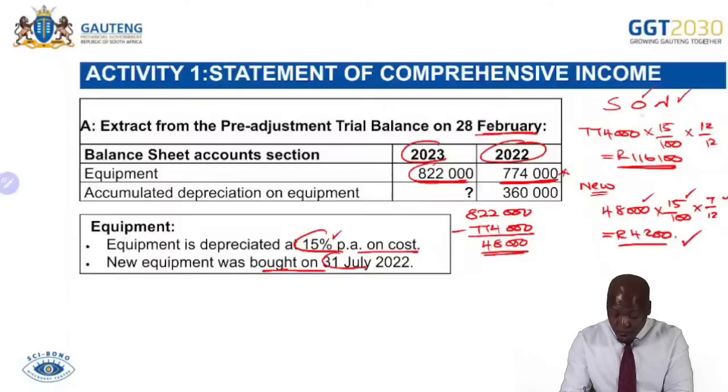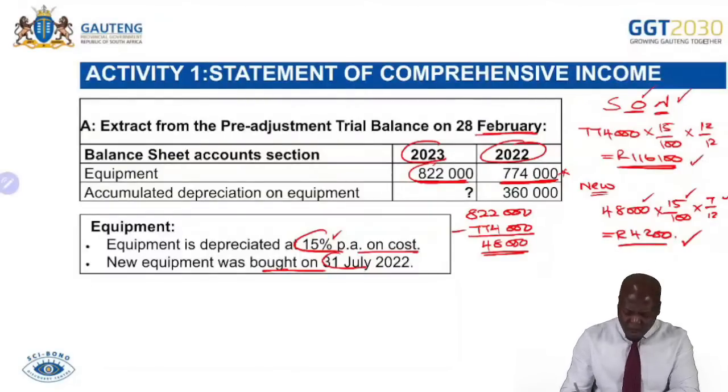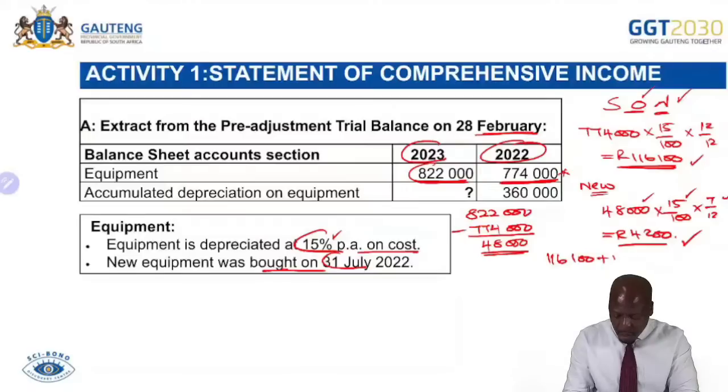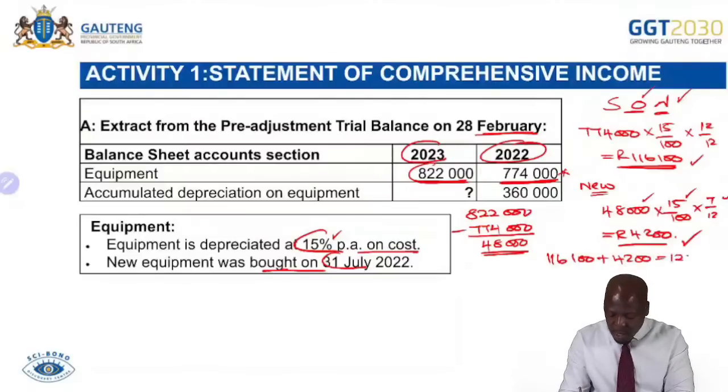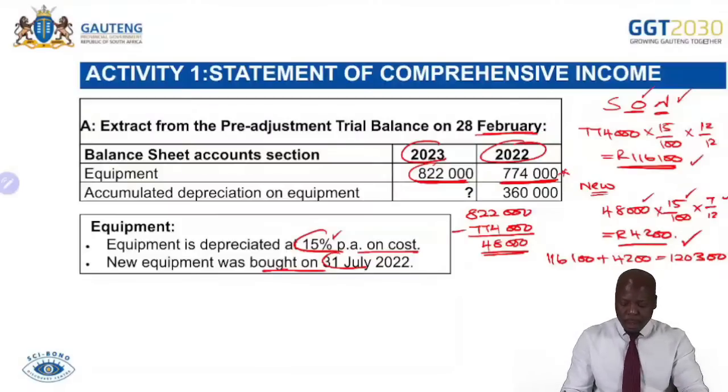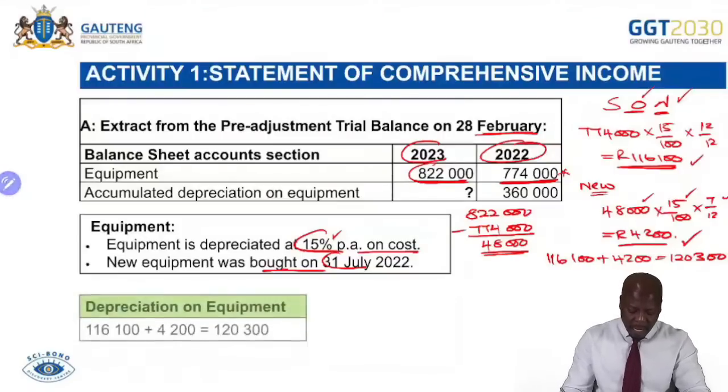Remember, it is your old and your new. So your old is 116,100 and the new is 4,200. So I'm going to add these two amounts then. 116,100 plus the 4,200. And then the total will give me 120,300. This becomes the total depreciation for my equipment.